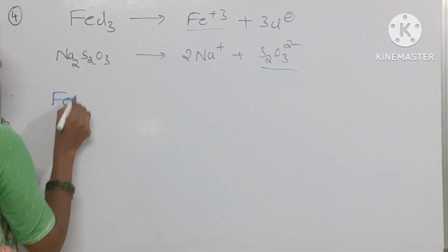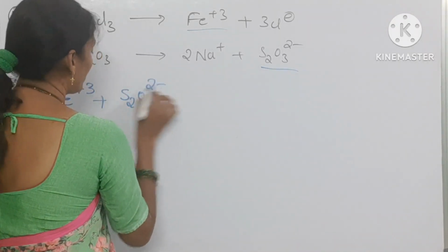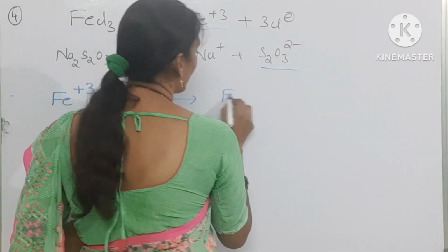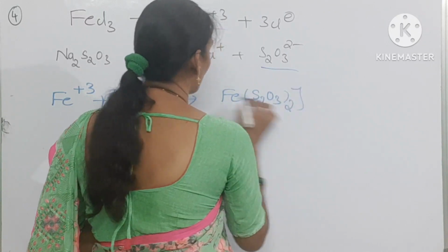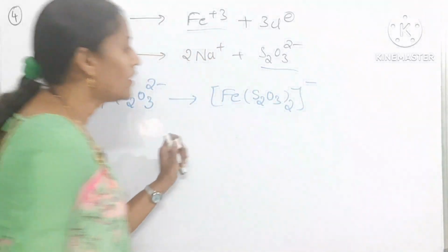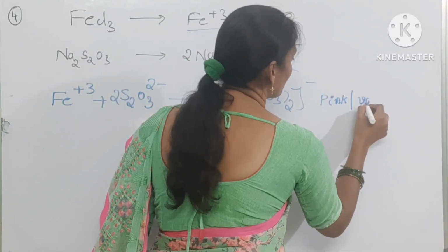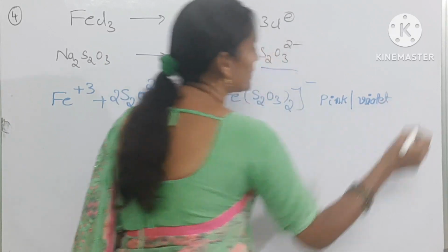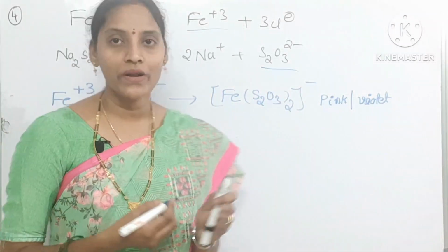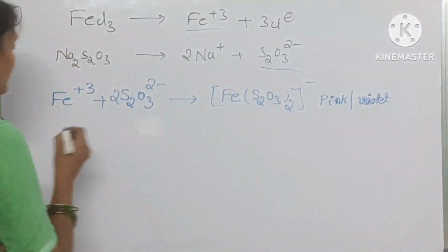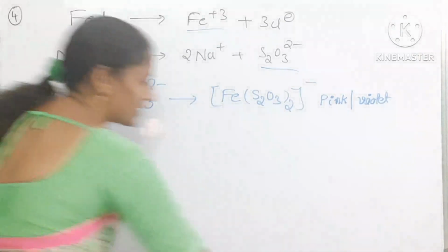Fe plus 3 reacts with 2 moles of S2O3 2 minus, then you will get Fe(S2O3)2 minus, which is pink or violet color. The formed complex will again react with extra ferric ions, so you can write Fe plus 3 here directly.